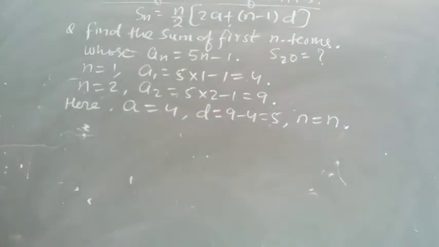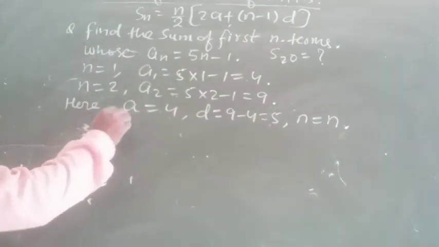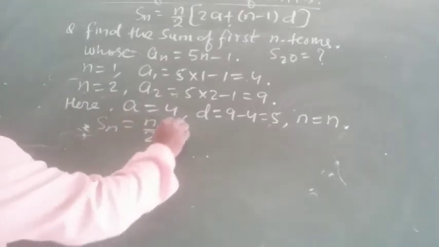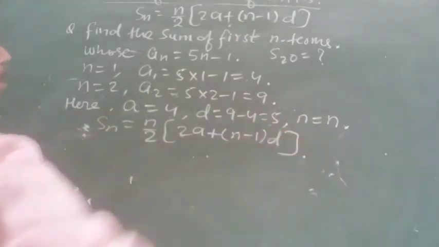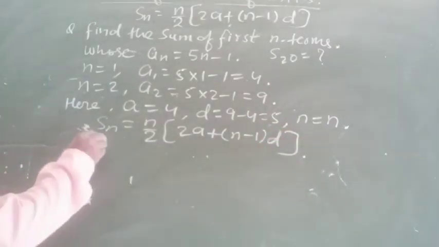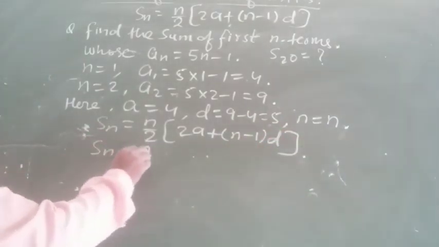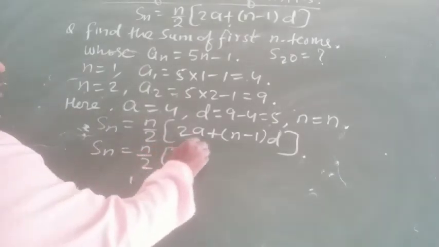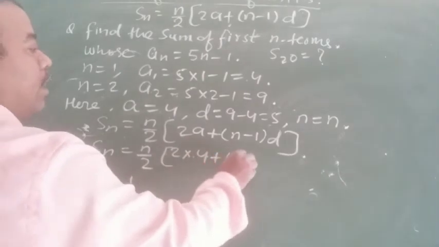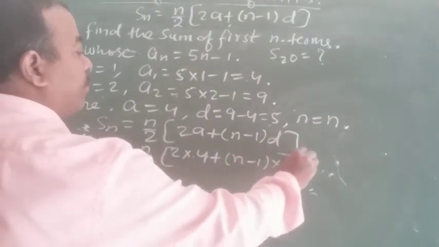Now, what is Sn? Sn equals n by 2 times (2a plus (n minus 1) into d). Go through this formula. Sn equals n by 2, 2a, that is 2 into 4, plus (n minus 1) into 5.